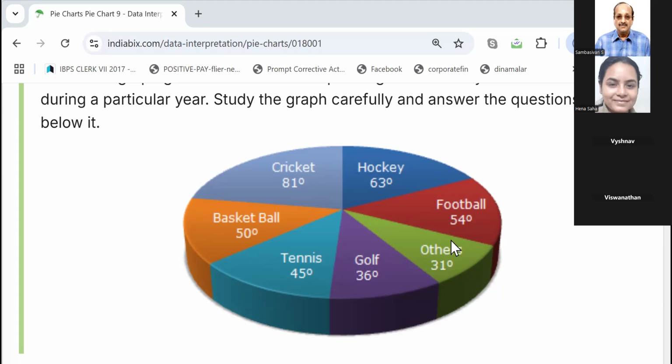Tell me. Sir, can you repeat question? Total number of students 4,500. 45 degrees of students are participating in tennis. Find the number of students playing tennis.